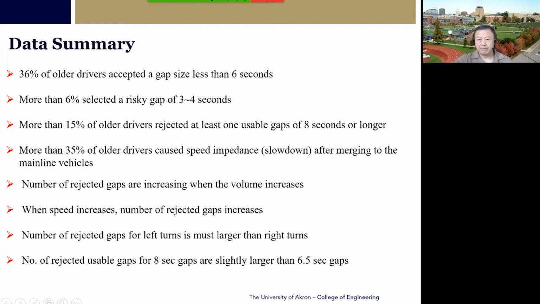That is of concern because in the Highway Capacity Manual or the Green Book, 6.5 seconds is used even for general drivers. In particular, 6% from our limited data show that a 3 or 4 second gap was used to enter roads.